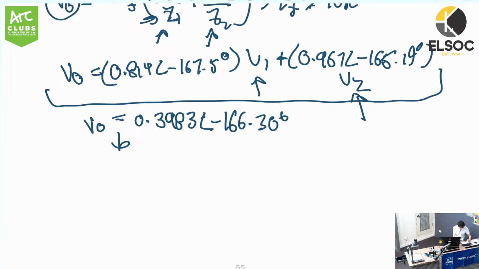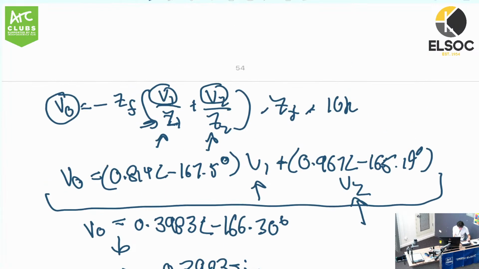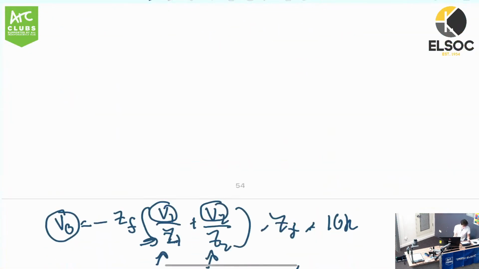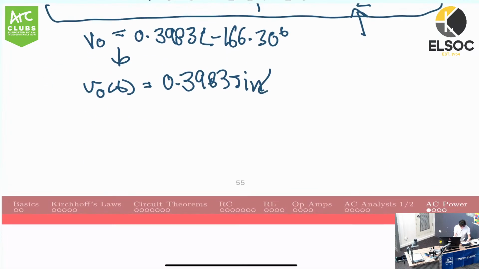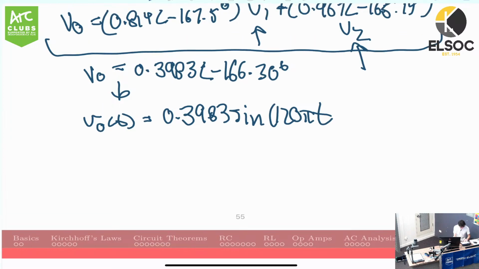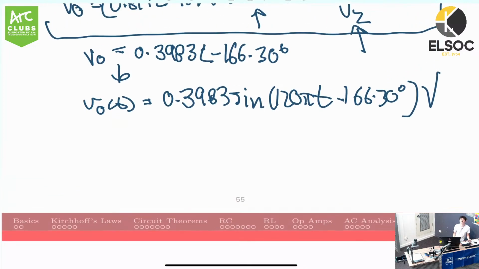So we can just do Vo of t, equal to that magnitude. It doesn't actually tell us what function they use to make these phasors. They just said it's sinusoidal, so it could be sine or cosine, but we'll just say it's sine. You'll be marked right for either one. And then it will be omega, which is 120 pi, t minus 166.30 degrees. And that's part 2. Any questions about this part? No? All right, great.